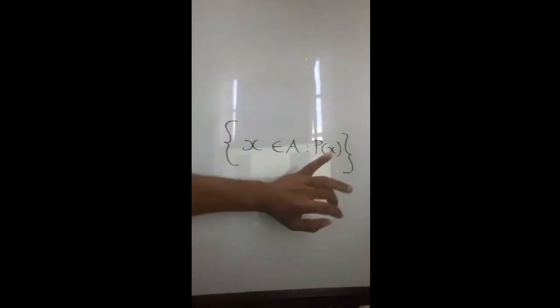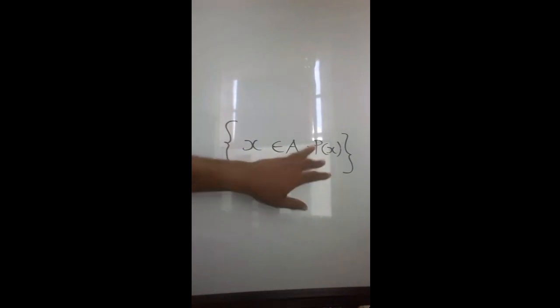Okay, property of X. You're generally right. So this is saying the set of all elements that are in A that have the property P of X. So this is a set of all elements in A that have the property P of X.